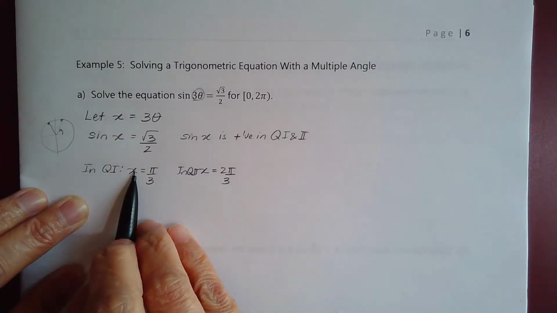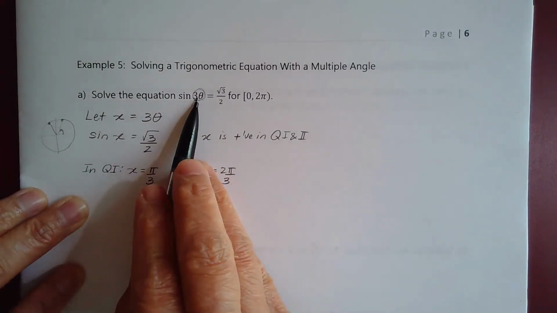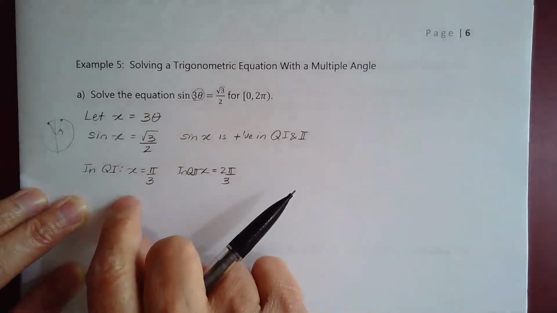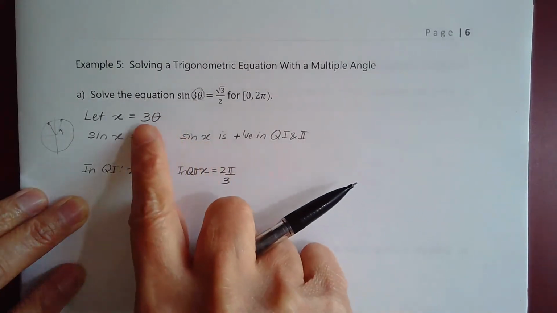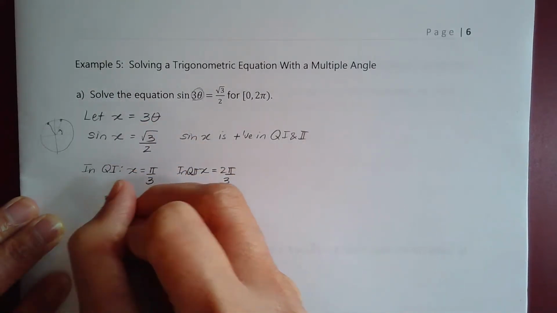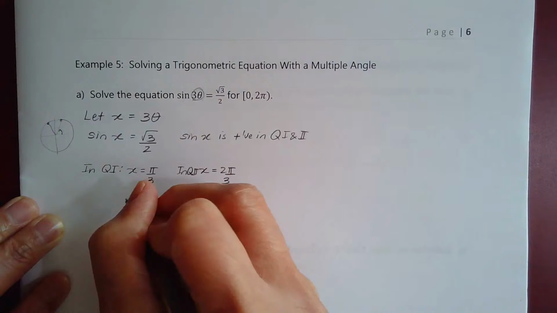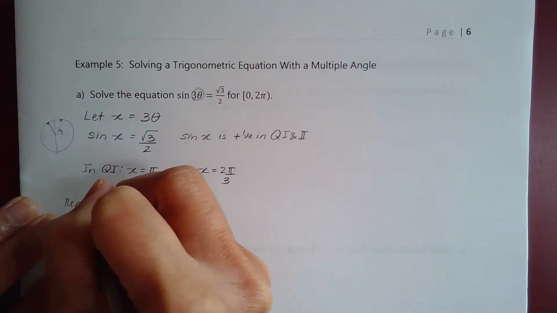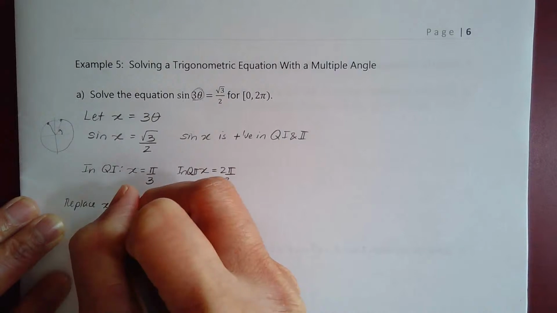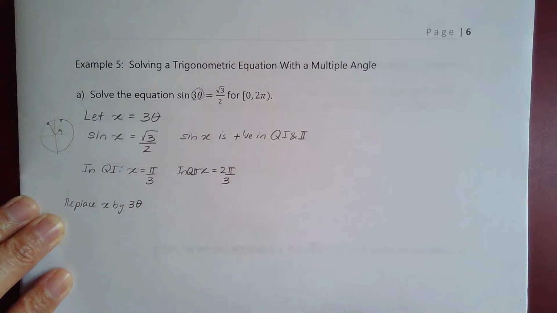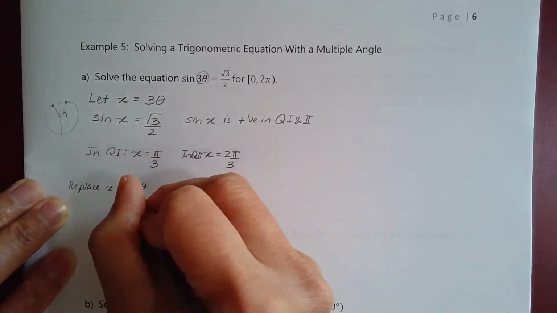We are solving for theta. So what we're going to do is replace the 3 theta back. So instead of x, we're going to replace x by 3 theta back again. Okay, so it would look like this.